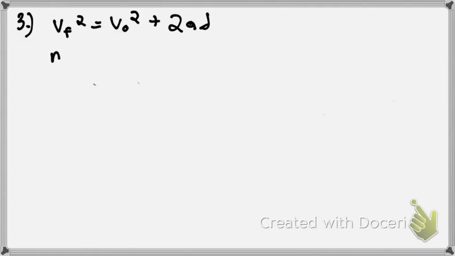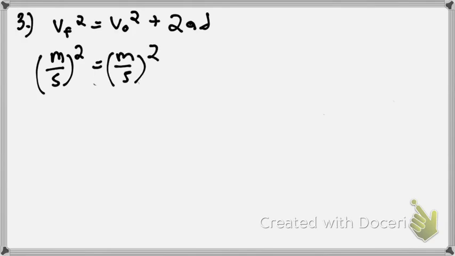And so I'm just going to go ahead and do it for the other ones just to show you that all the units work out. Right? Meters per second squared is equal to meters per second squared plus 2 acceleration, right?